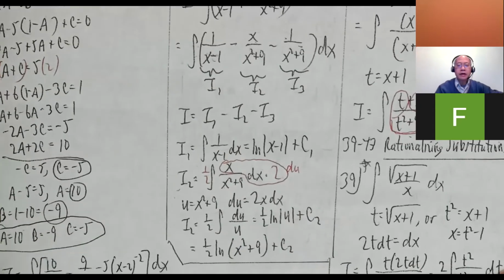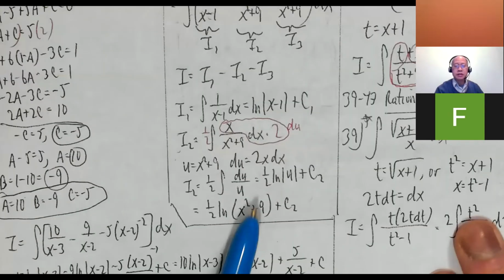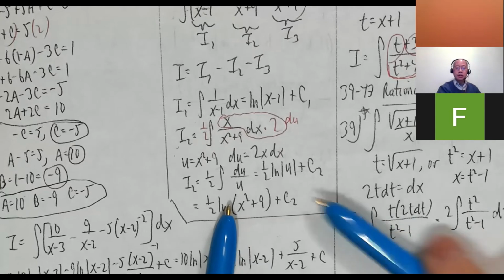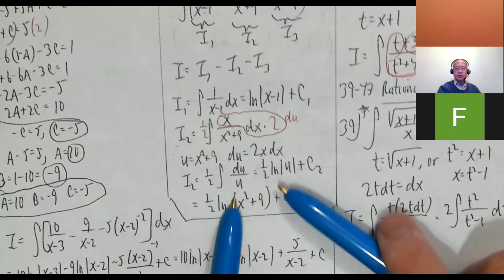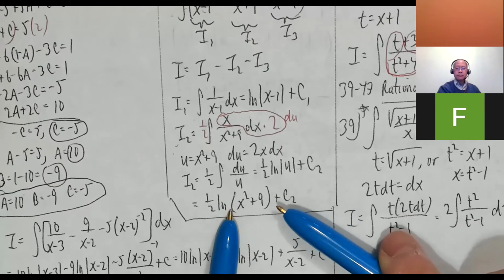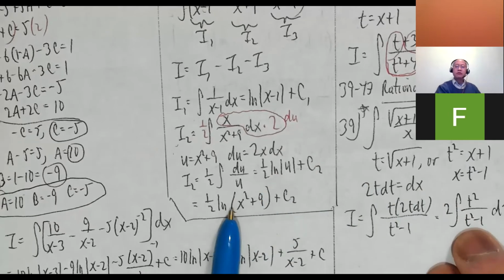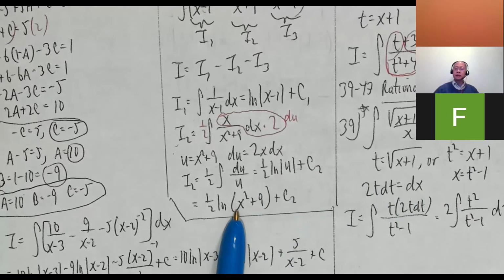Okay, change u back to x squared plus 9. And here's another important principle, and you should do this. If you don't do this, I may take off points for this. How did I change that to parentheses? Well, there's absolute value. What do we know about absolute value of x squared plus 9? The sign must always be positive, right?